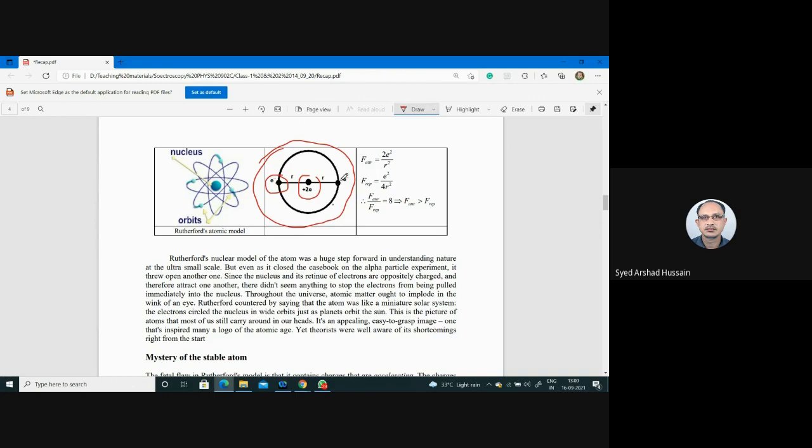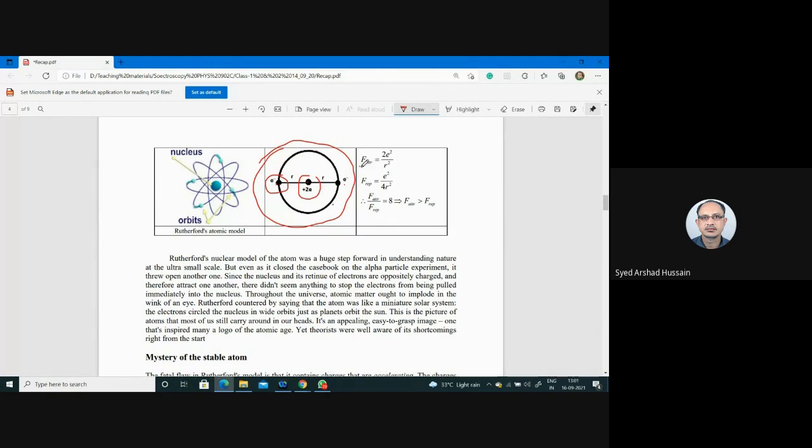It could be elsewhere also, but for ease of analysis we assume they are at the two ends of the diameter. So this is negatively charged, this is positively charged, this is again negatively charged. There may exist repulsion between this electron and that electron, and attraction between electron and nucleus.